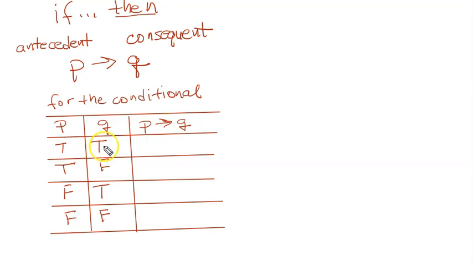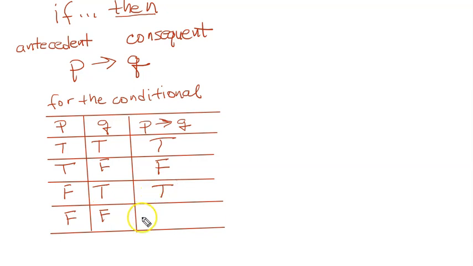Now, if both are true, this is true. If the antecedent is true, but the consequent is false, in the conditional, this is false. If the antecedent is false, but the consequent is true, this is true.